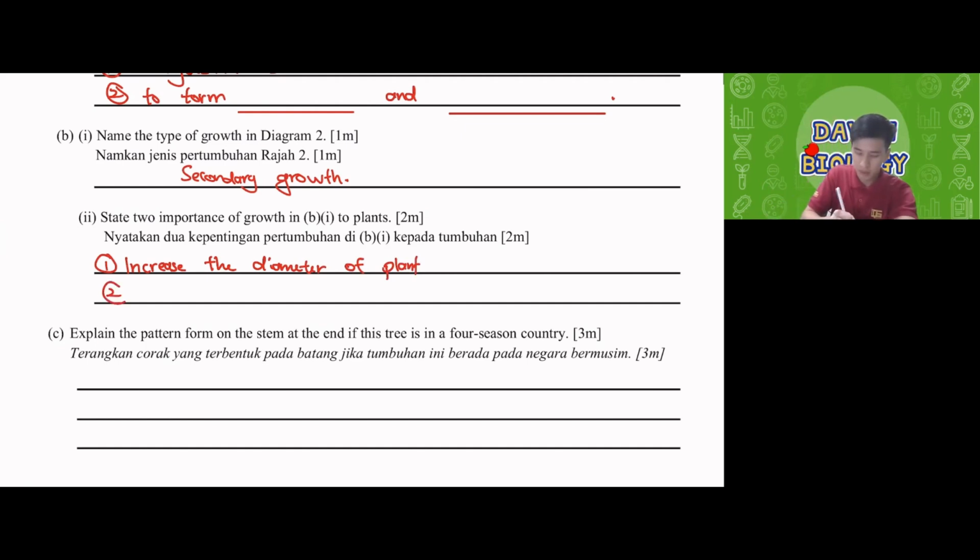Form what? Provide mechanical support. Okay, yeah. So you can say form wood to provide mechanical support. And we explain a bit: wood is the one that makes it strong, basically.